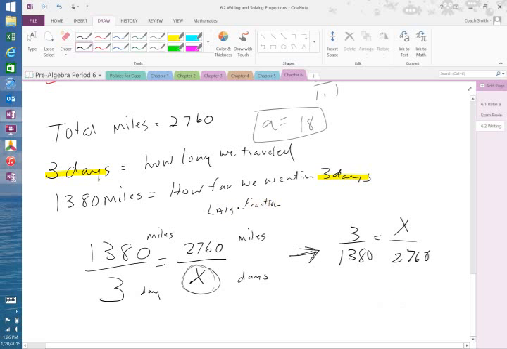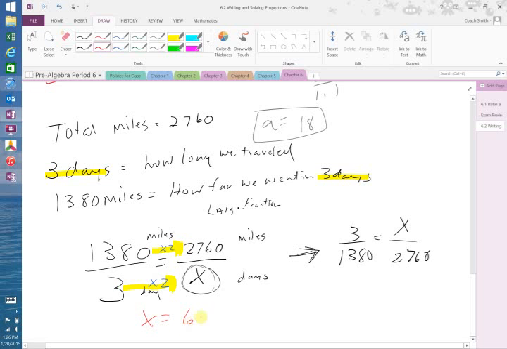So we ask ourselves then, what did we do to 1380 to make it 2,760? We multiplied by 2. So we must do the same thing to the bottom number. So we must do the same thing here. And that gives you x is equal to what?